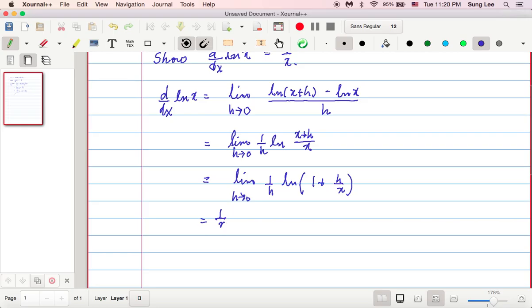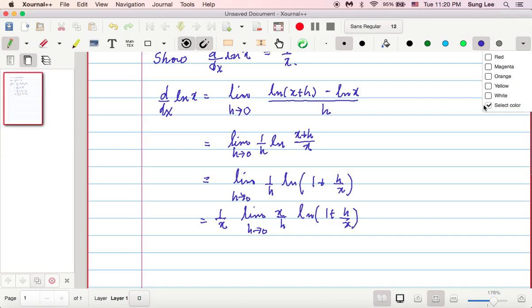So 1 over x has nothing to do with the limit, so I can put that outside of the limit. Then we have x over h times ln of (1 plus h over x). Again, this is a well-known property of a logarithm, right?